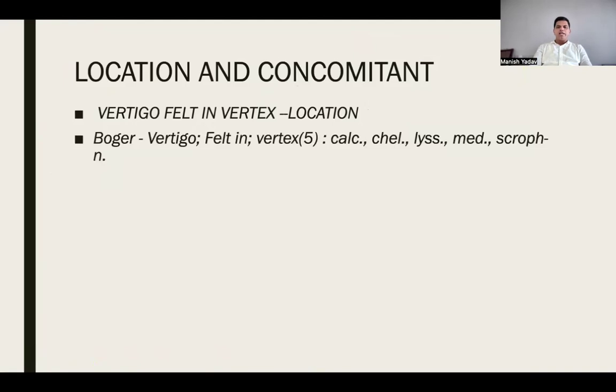So what I did is, I looked at a single rubric, vertigo felt in vertex. And there I found Scrofula nodosa. I have done this a lot in my practice where I don't find a remedy matching the totality. I've done this many times where I will look at one characteristic, strange, peculiar symptom and look in the repertory, only that rubric.